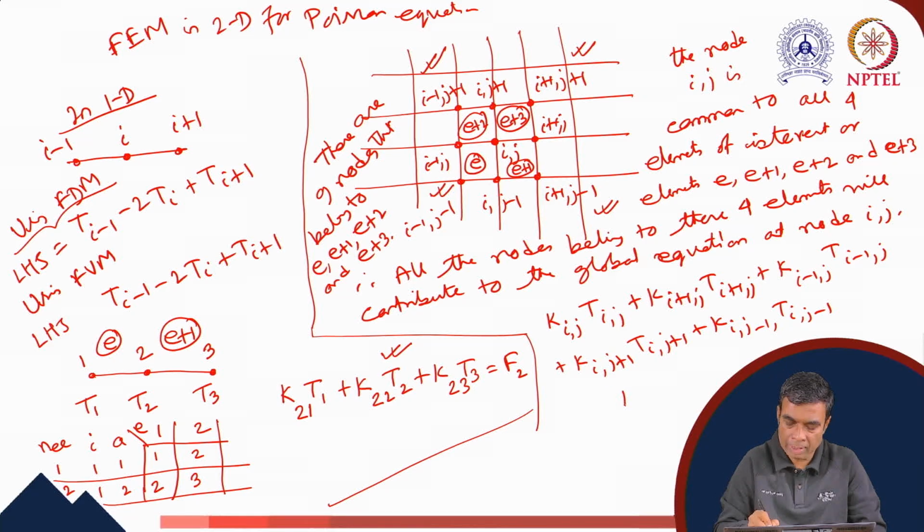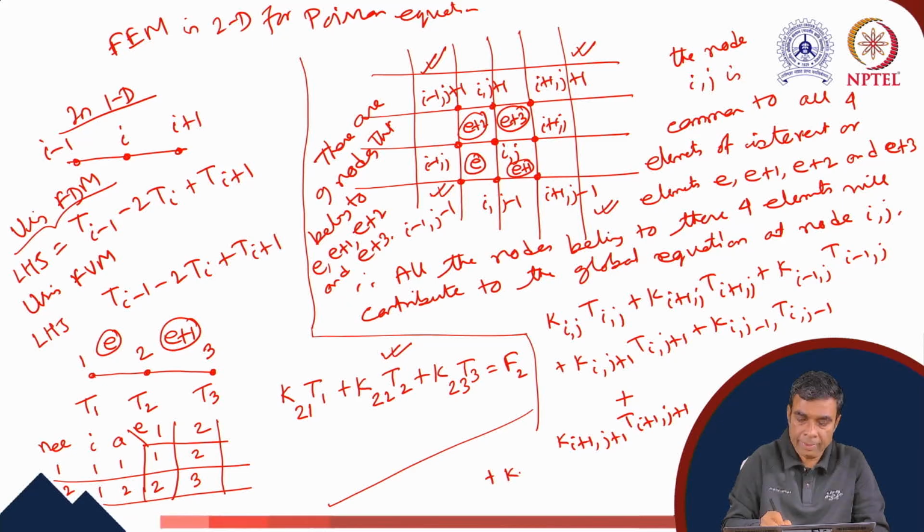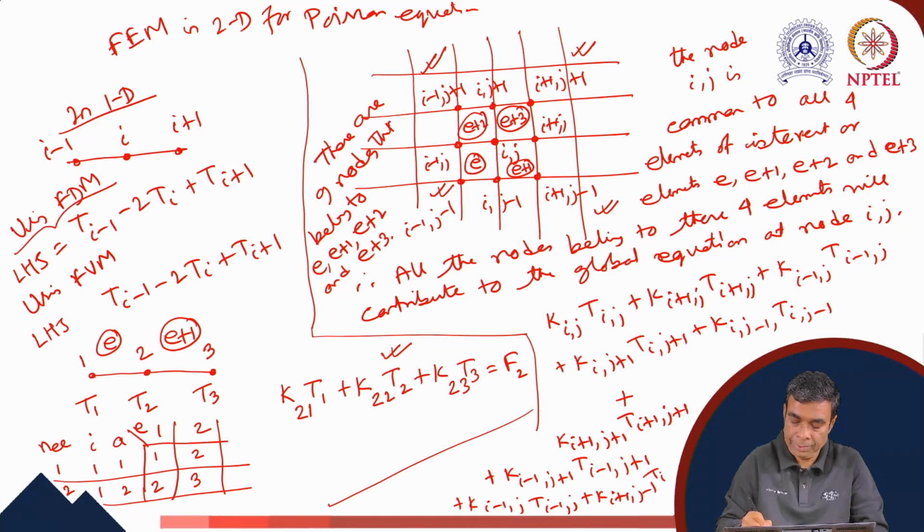Now in finite element method, the extra terms are k I plus 1 j plus 1 T I plus 1 j plus 1 plus k I minus 1 j plus 1 T I minus 1 j plus 1 plus k I minus 1 j minus 1 T I minus 1 j minus 1 plus k I plus 1 j minus 1 T I plus 1 j minus 1 equals f I comma j.